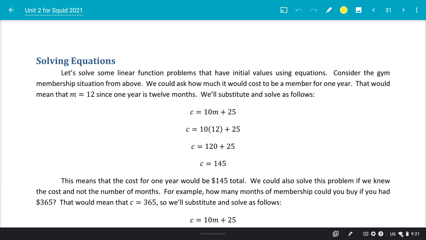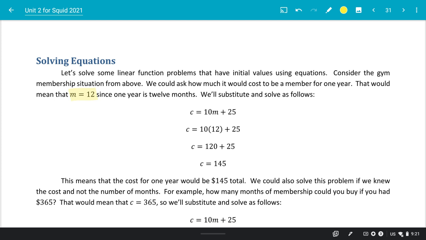Solving equations. Let's solve some linear function problems that have initial values using equations. Consider the gym membership situation from above. We could ask how much it would cost to be a member for 1 year. That would mean that M equals 12, since there are 12 months in a year.